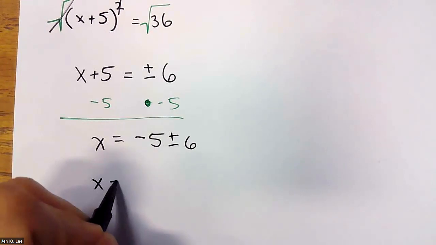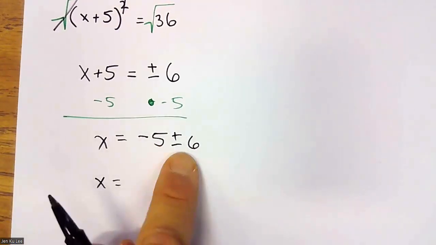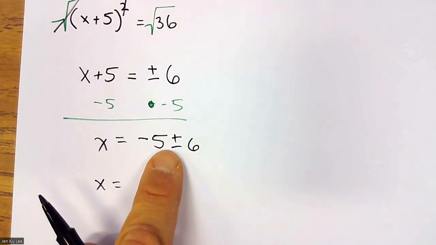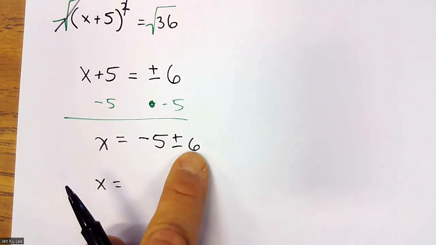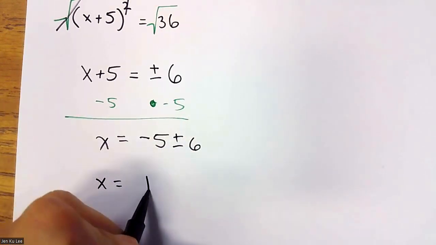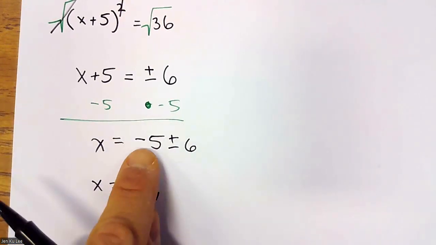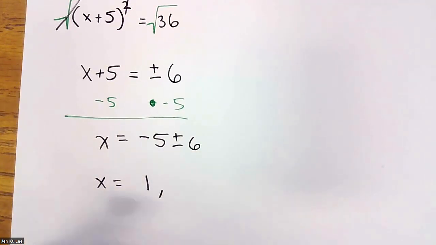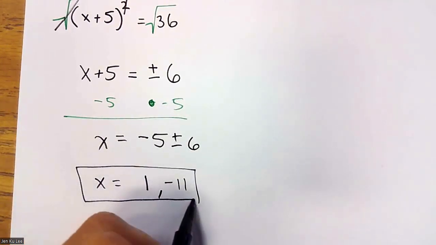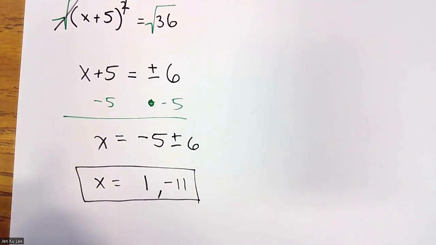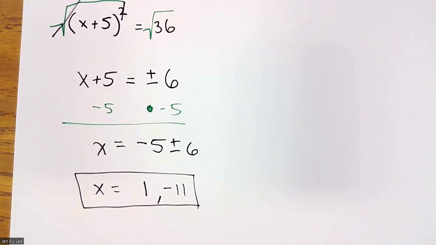So there's two answers embedded in this equation, right? There's -5 plus 6, which gets me 1, and -5 minus 6, which gets me -11. Quick question.